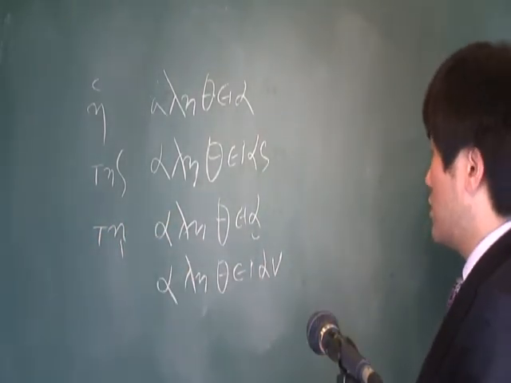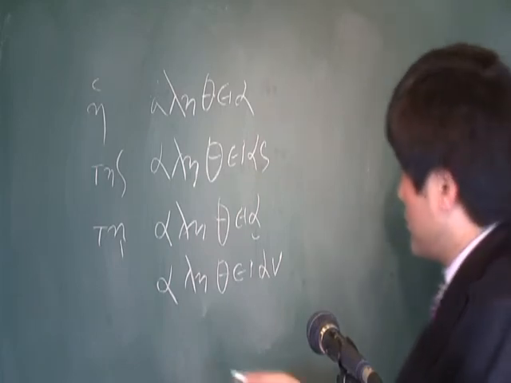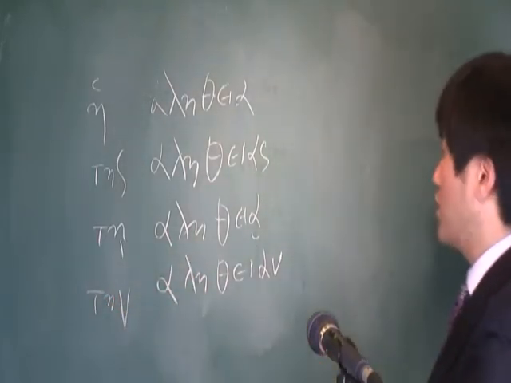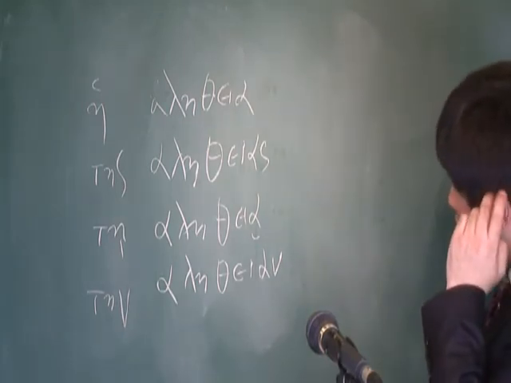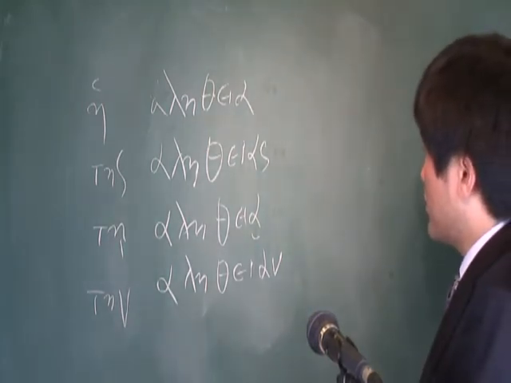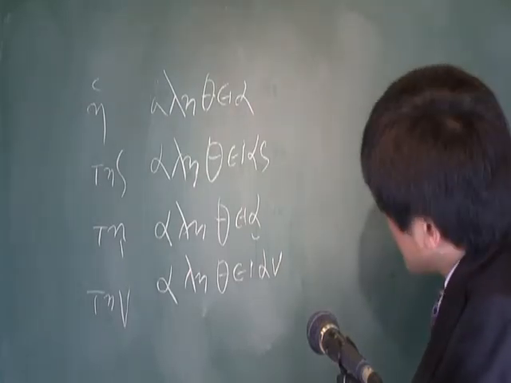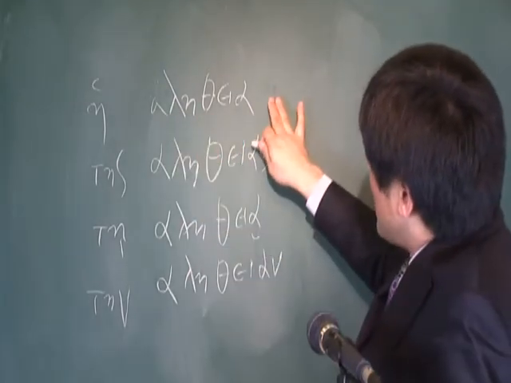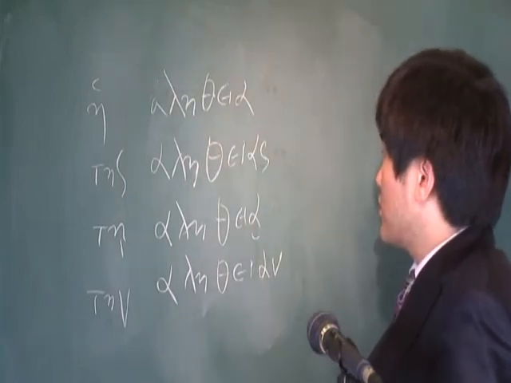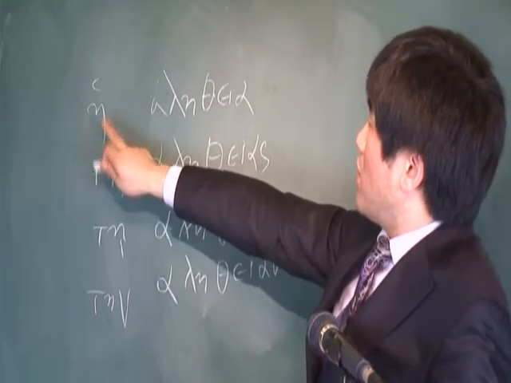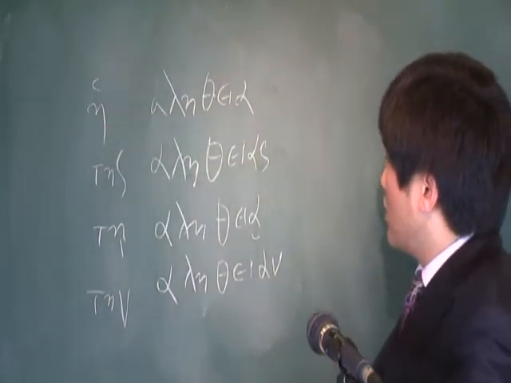First, let's look at the definite articles. To doron, tou dorou, to doro, to doron. These are the different forms.